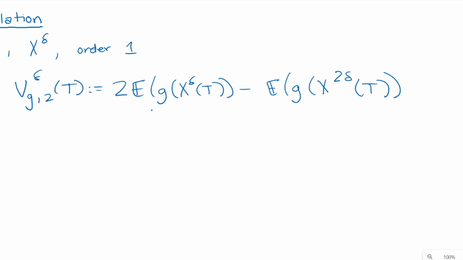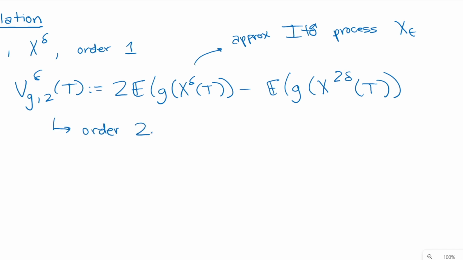So what these quantities are on the right hand side is our approximation for the expected value of g of x of t, right? So x delta of t is approximating an Ito process x t. And so we run it once on the timescale delta and another time on the timescale 2 delta, and what we get is that this is actually order 2.